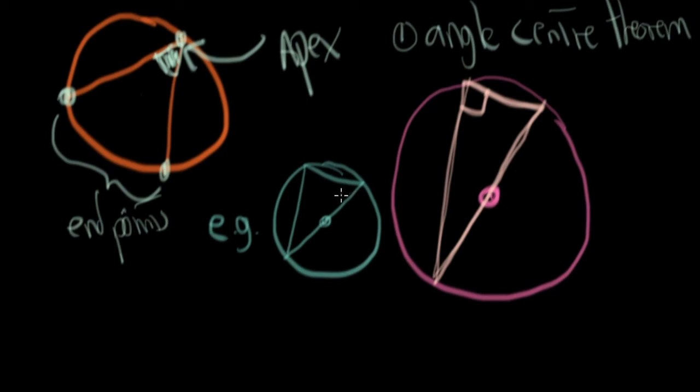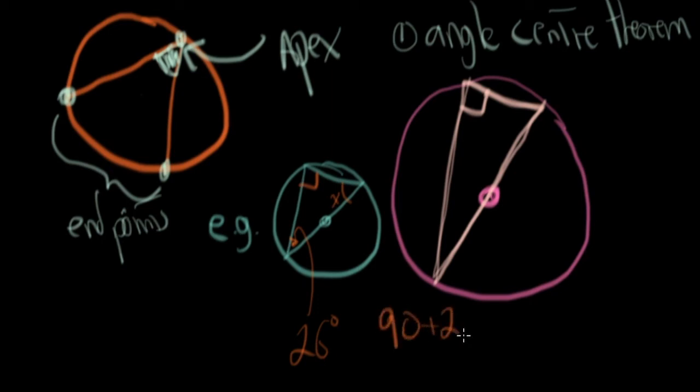And I was told that this little angle, I'll use maybe a different color, right inside here, was 26 degrees. And I want to find out what this one right here is. What's this? X. Well, you're not told that this is 90 degrees, but because of this theorem, just trust me, this is 90.